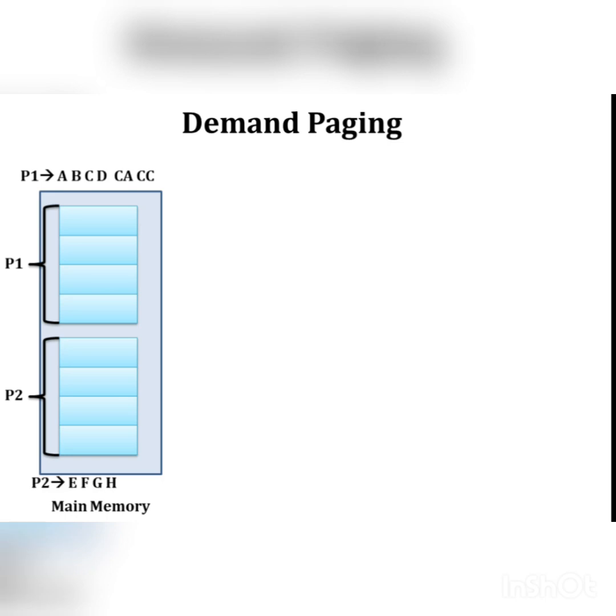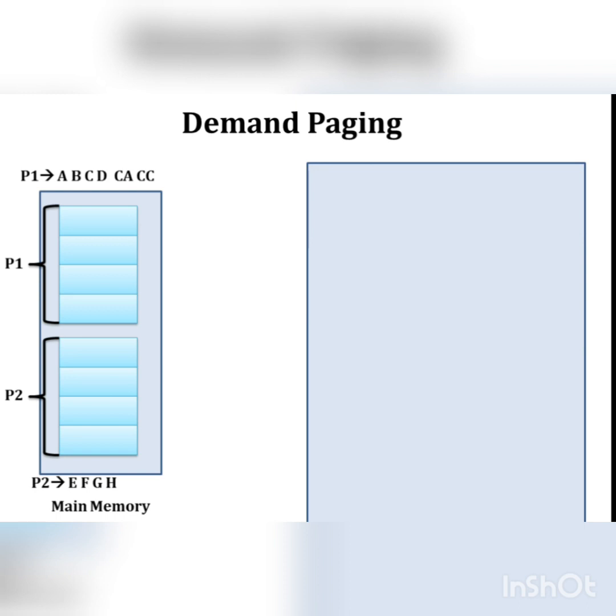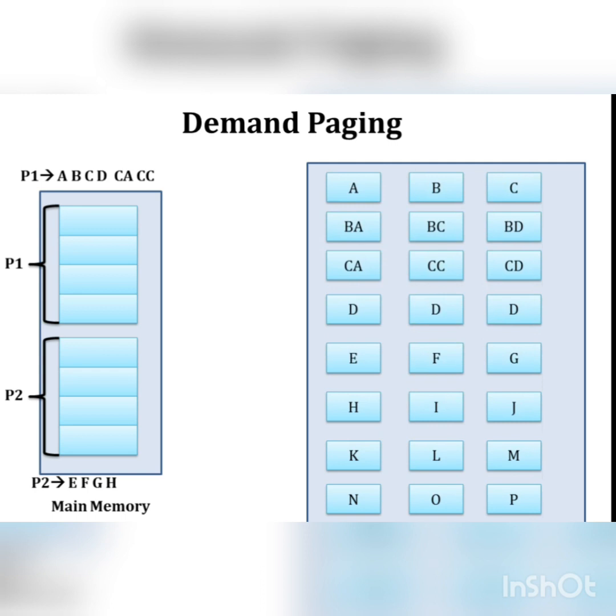Now, we have the secondary memory which contains the different pages. These pages are loaded into the virtual memory, which we can call a swap device. In this swap device, we have loaded all these pages.